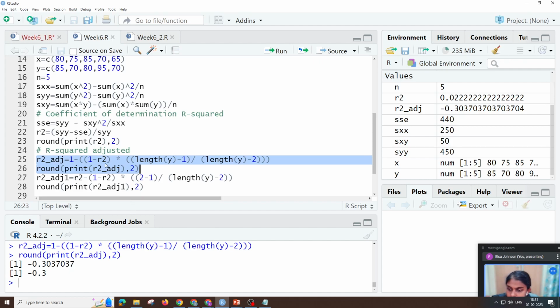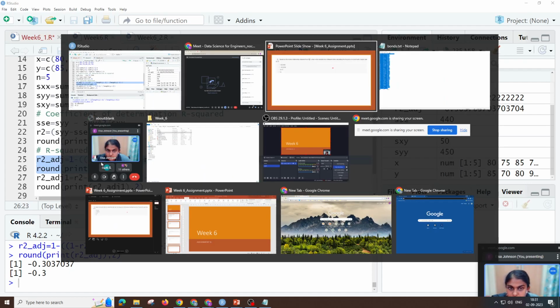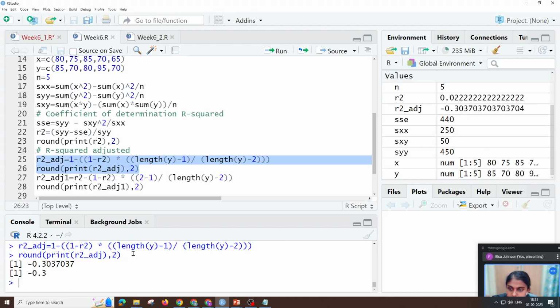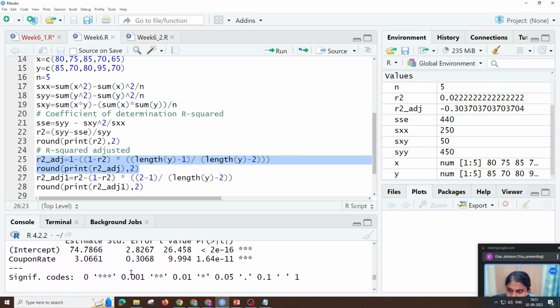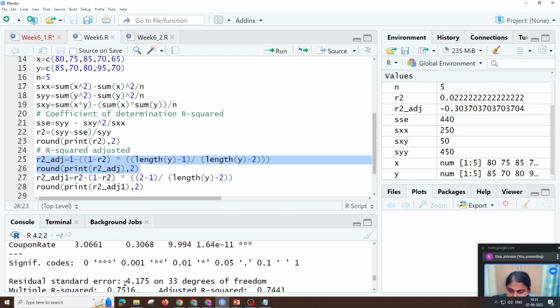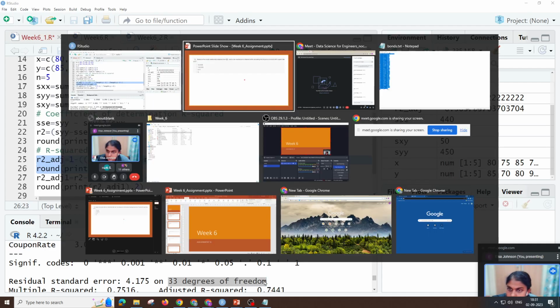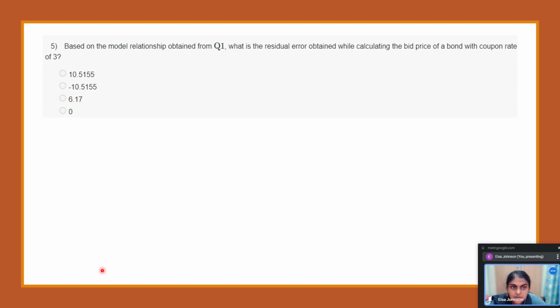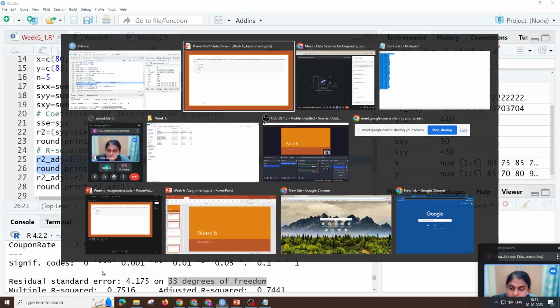Okay, so we'll go back to the question. The residual error obtained while calculating the bid price was shown earlier: residual standard error 4.175 on 33 degrees of freedom. But this is different actually.